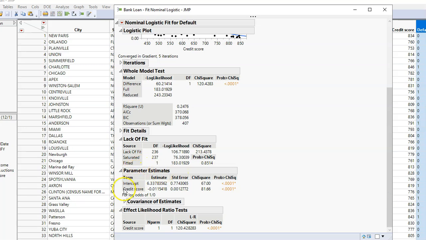And this is the parameter estimate. The intercept is 6.33, and it's significant. The credit score slope is 0.0115, and that is significant. And so we have the chi-square values and standard error.